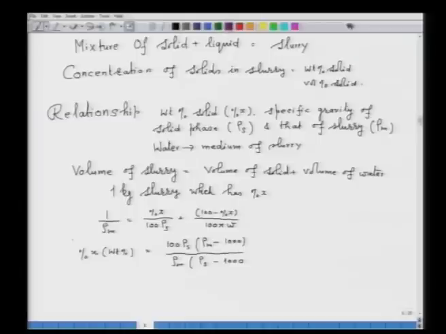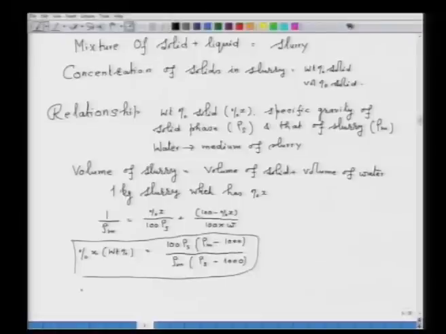So, utilizing this expression, one can determine the percent solid simply if you know the density of the slurry and density of the solid. Of course, density of water is known, which is taken here as 1000 kilogram per meter cube.